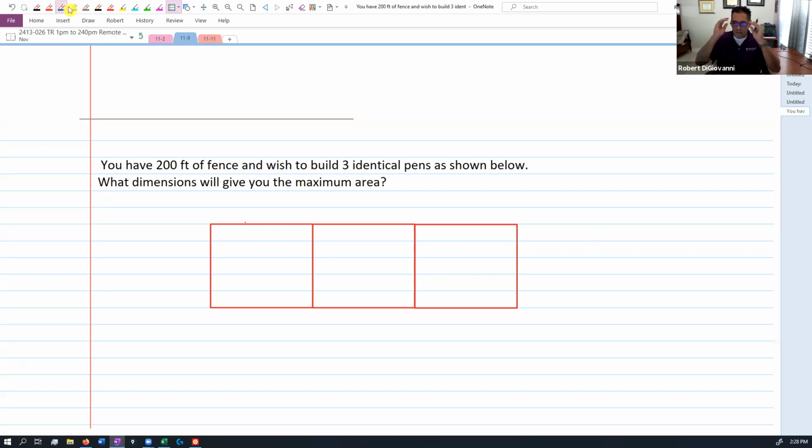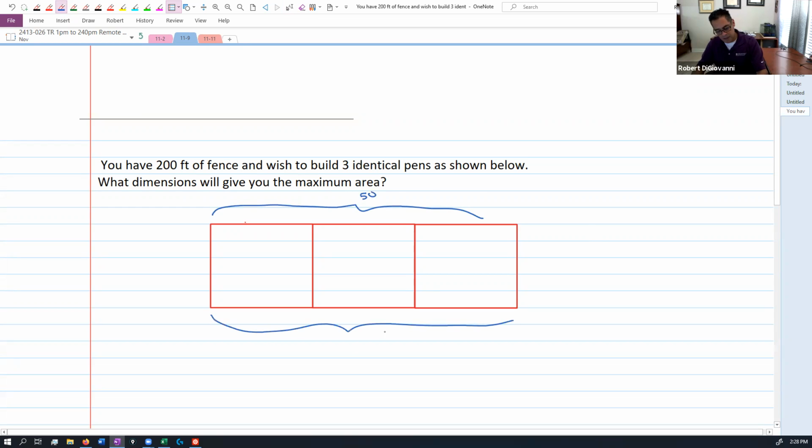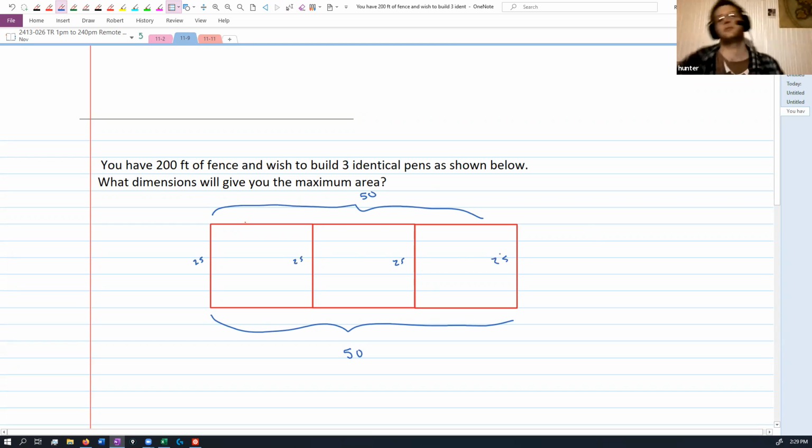So the non-thinking way of doing this would just be to say, okay, I've got 200 feet of fence. I'll just make this 50. I'll make this 50, right? How much fence do we have left over? 100. So we go 25 here, 25 here, 25 here, 25 here. And if we did that, what would the area of the whole thing be?